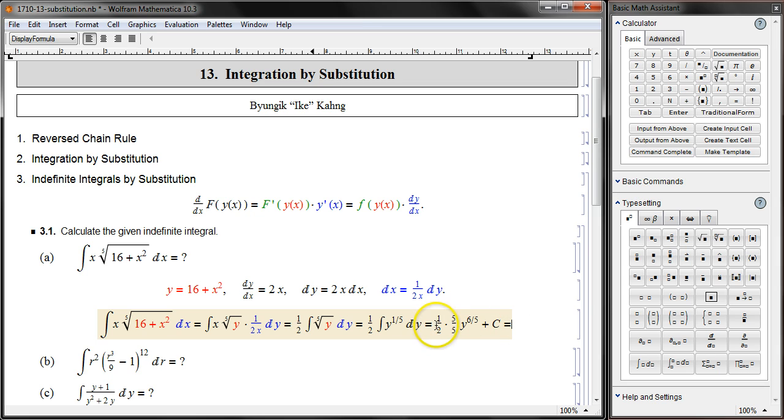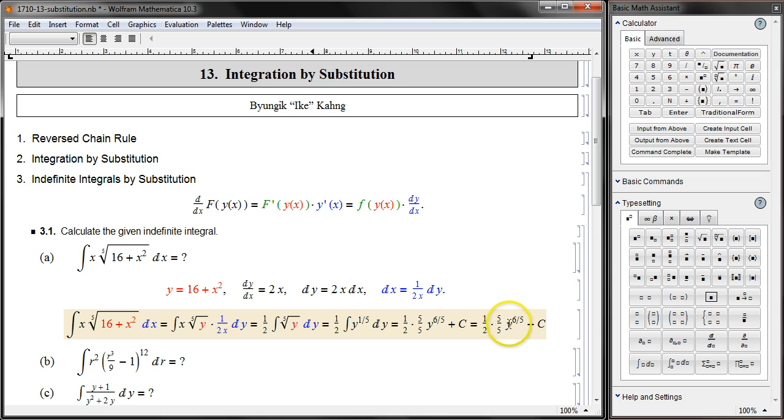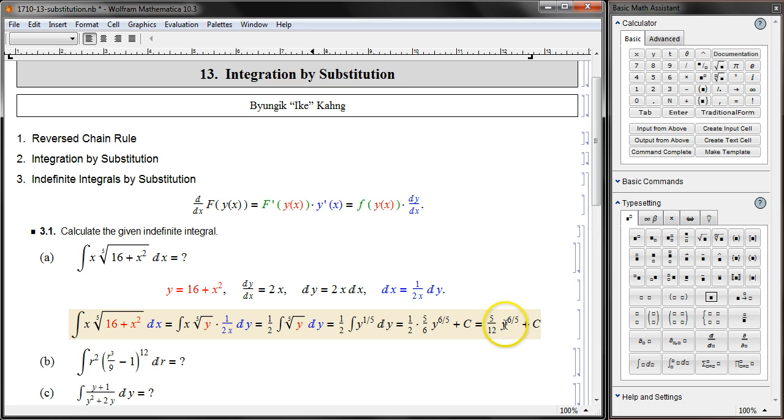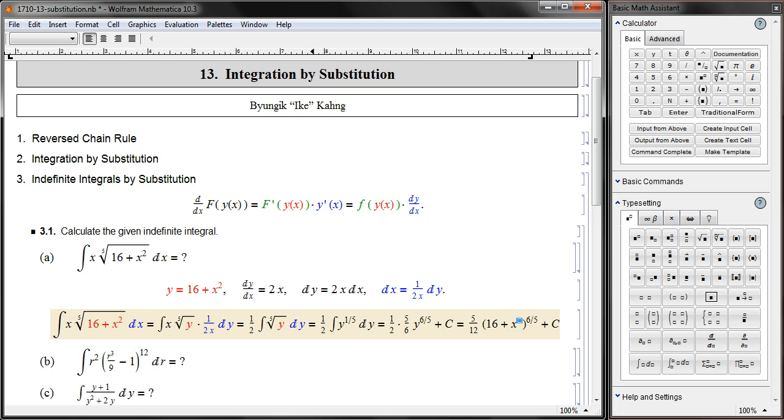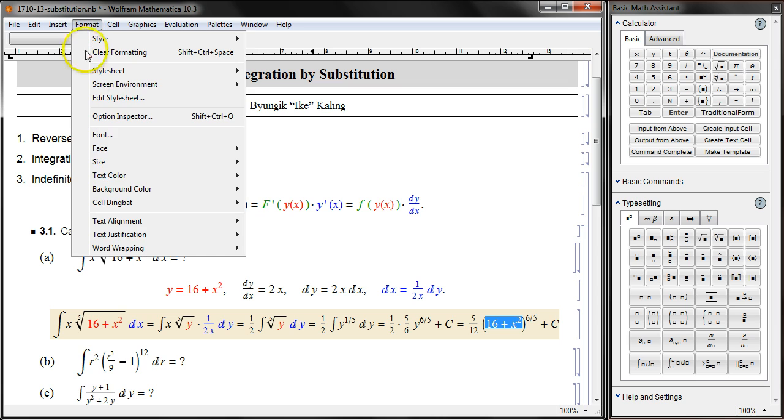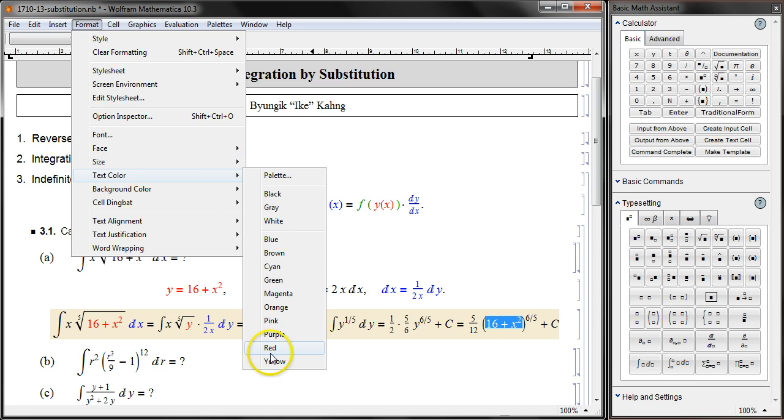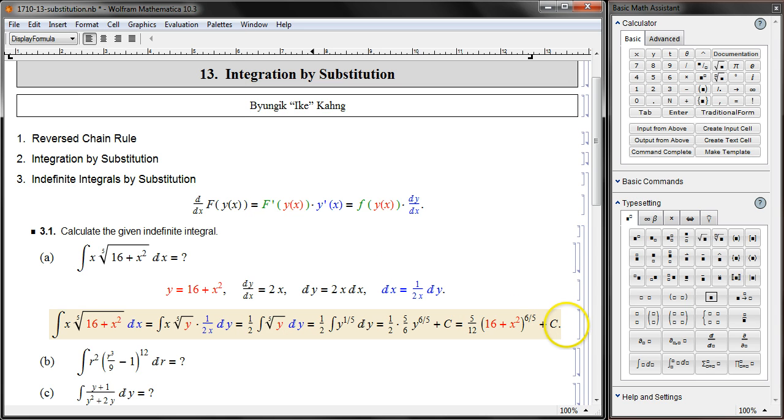So let's take one final substitution. Excuse me, I mistyped this. Okay, a little bit of simplification here, and then this y is 16 plus x squared again. And there goes the full computation.